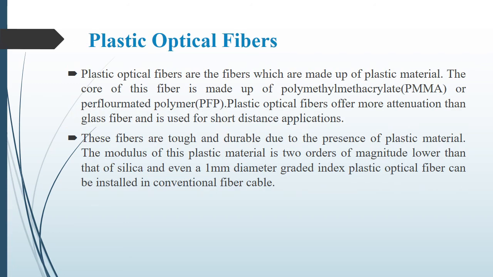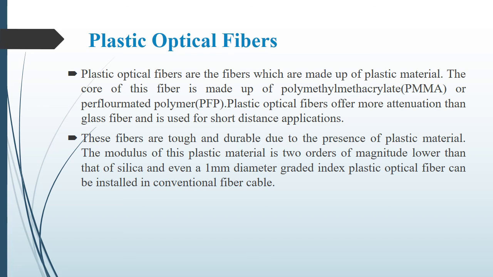The last one is plastic optical fibers. Plastic optical fibers have a core of either polymethyl methacrylate or perfluorinated polymer. These fibers are referred to as PMMA POF and PFP POF respectively.